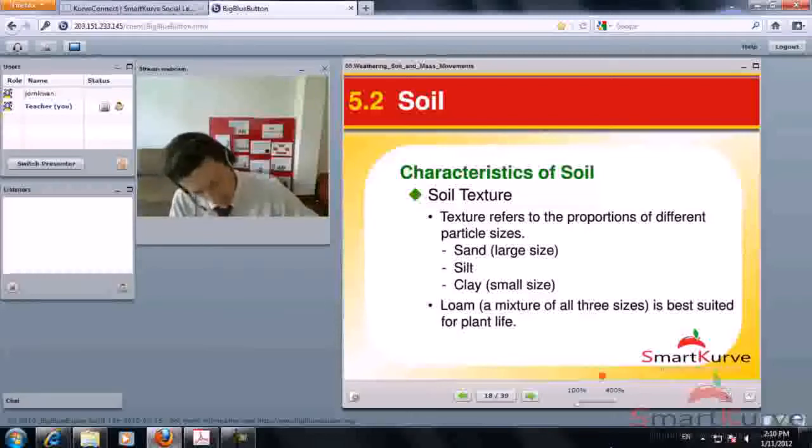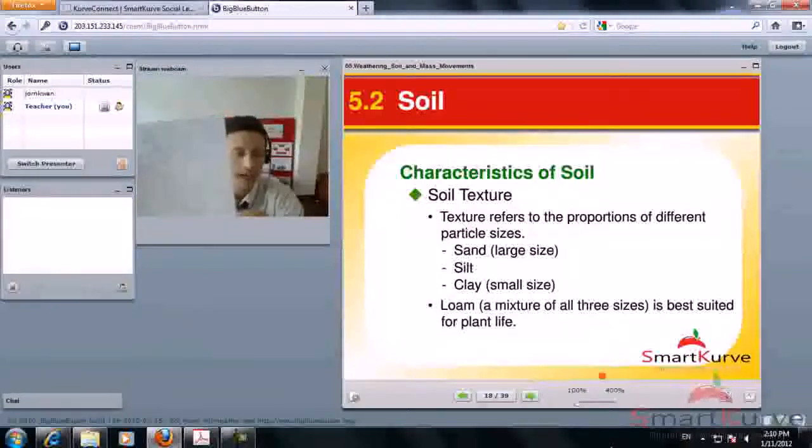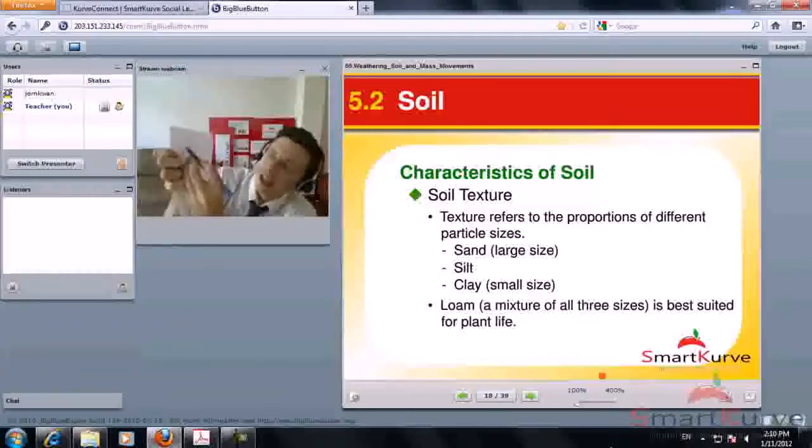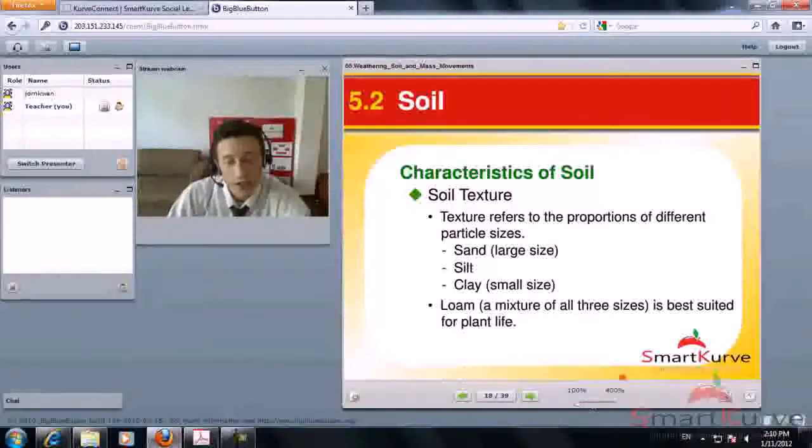To give you an example here with a very quick illustration of sand, you can see that in between the particles there's a lot of space. Well, that space is good for contributing the air.